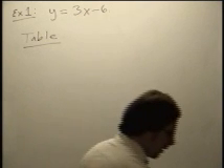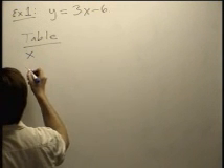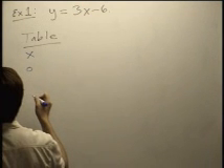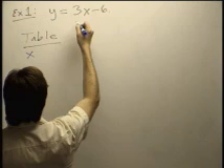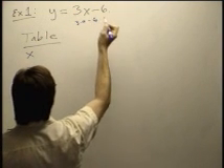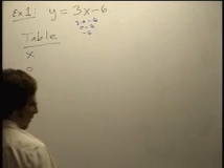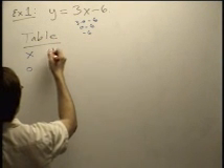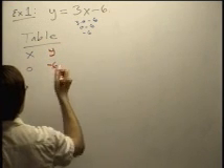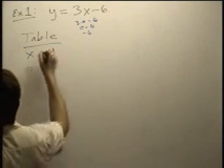If you give me the x value of 0, then what's going to happen here? 3 times 0 minus 6 is going to be 0 minus 6, which is negative 6. And so we get a y value of negative 6, and that corresponds to the x value of 0.